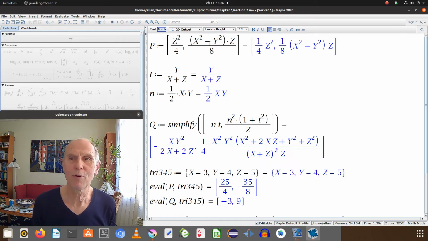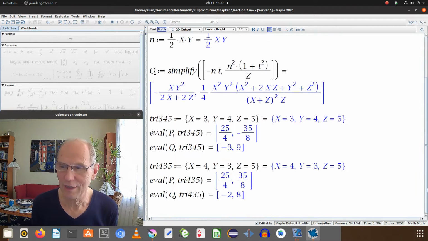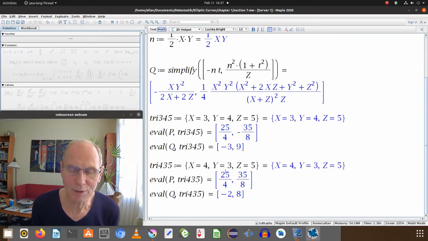This is the point from the paragraph itself, and this is the point from the exercise. And to check it, I took the 3, 4, 5 triangle and the 2 points. I do, of course, remember the last one, but not the first one. And I also checked with the other one. I like this point better, really.